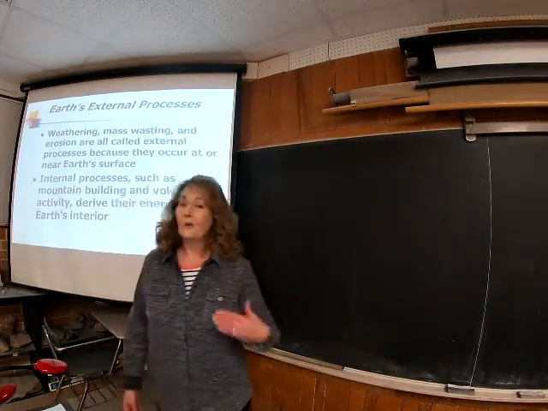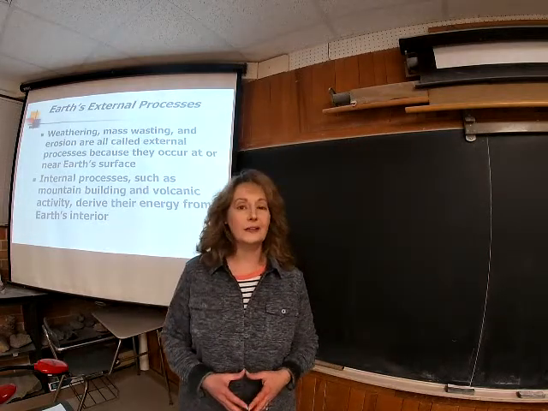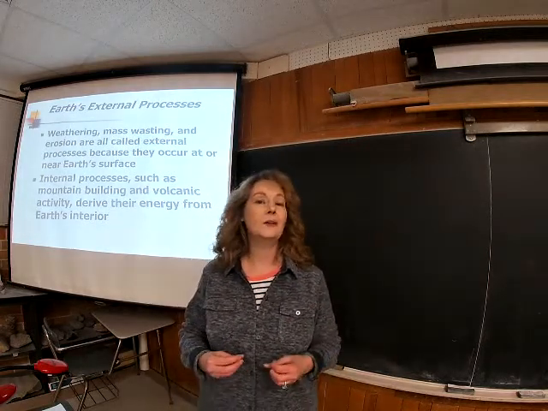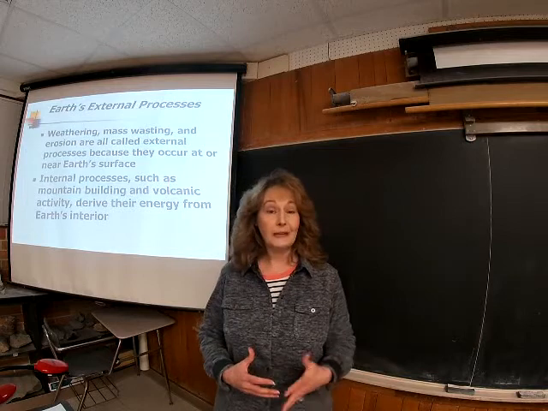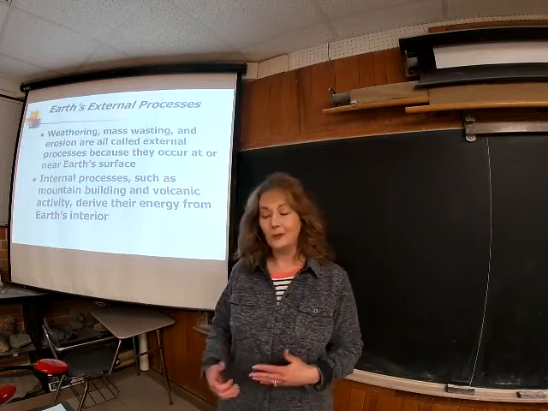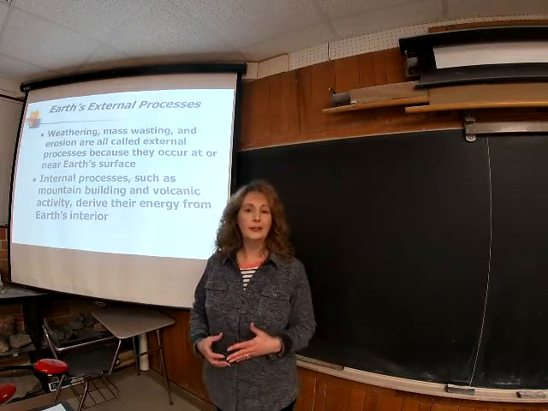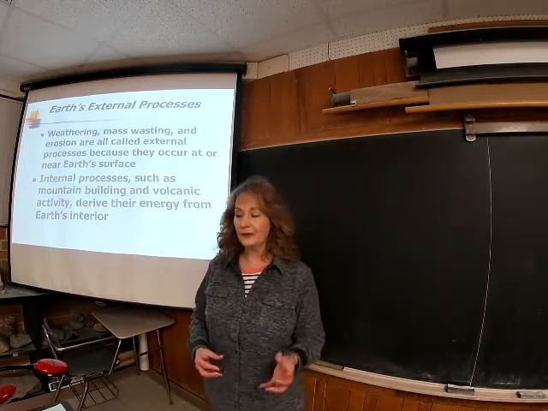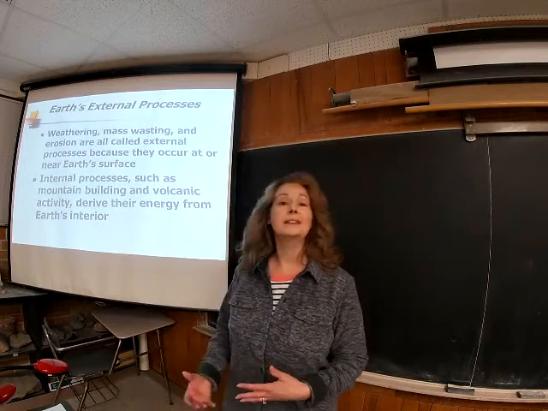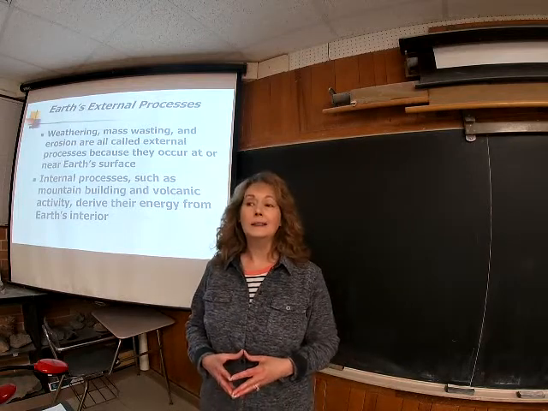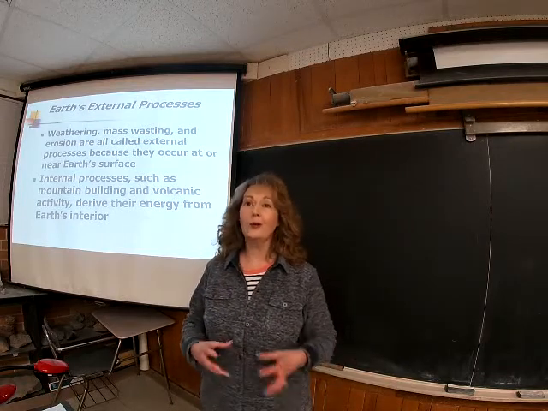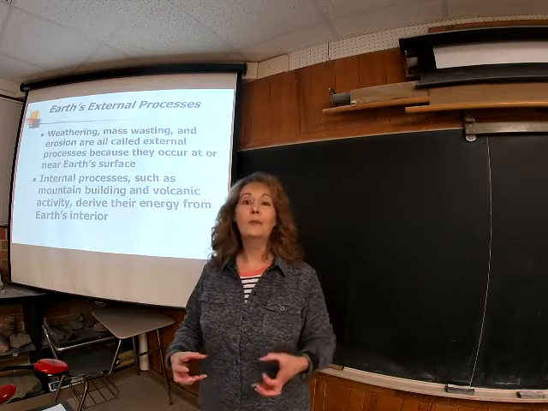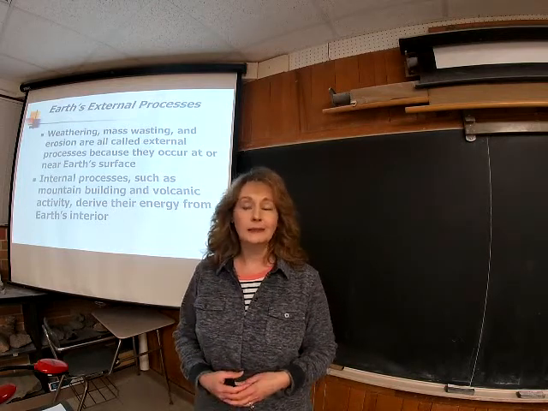Of course, weathering is a process where you either mechanically or chemically break down earth rocky material into smaller particles. That's weathering. Mass wasting is actually a special type of erosion, so actually picking up and removing these sediments.